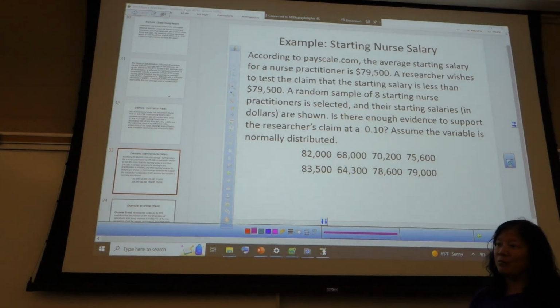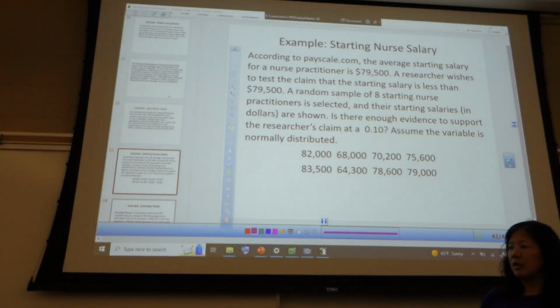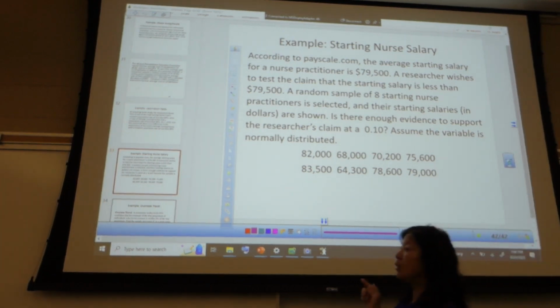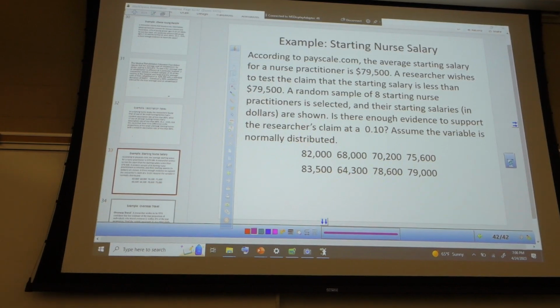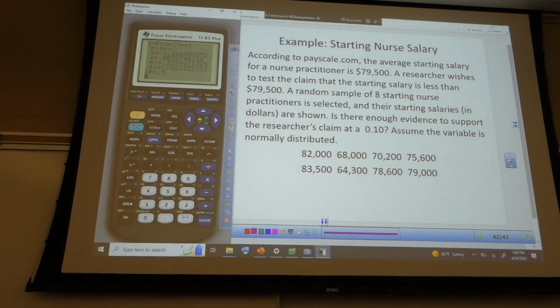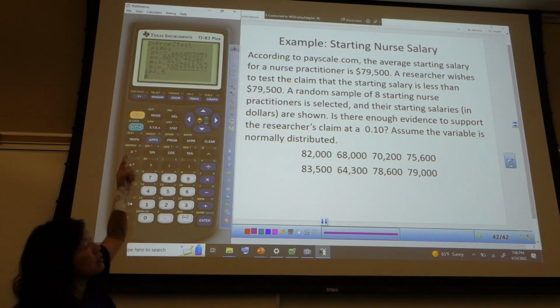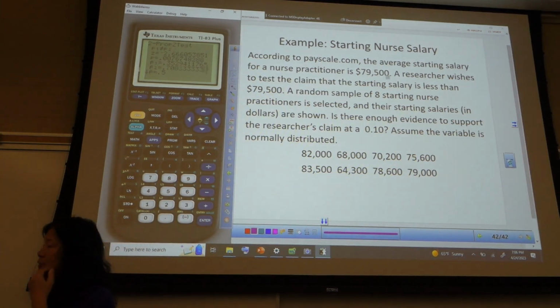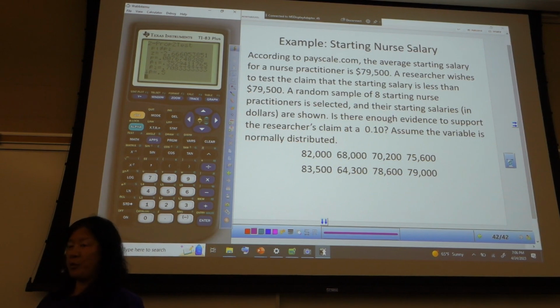So hopefully as you're writing it down, you catch yourself: oh, it's asking me for the wrong things. Also, it will say at the top what kind of test it is. It says 2-PropZTest at the very top. So if it's asking you for a mean and you have a proportion, then you're like, wait, something's wrong here.